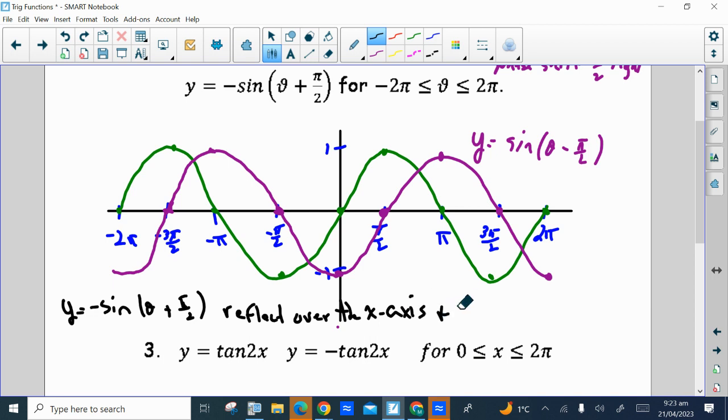And we'll also have a phase shift of pi on 2 to the left because c is negative pi on 2. You must put a negative value in for c, and then the minus minus becomes a plus, positive.